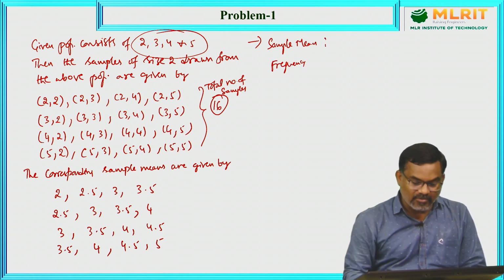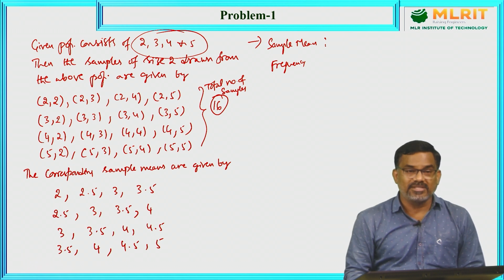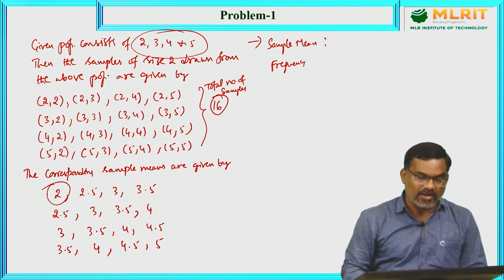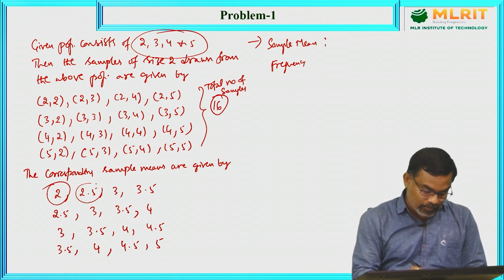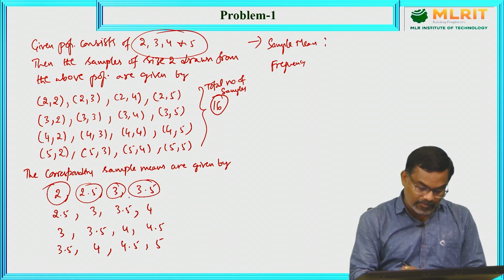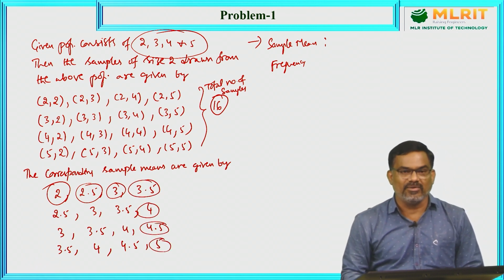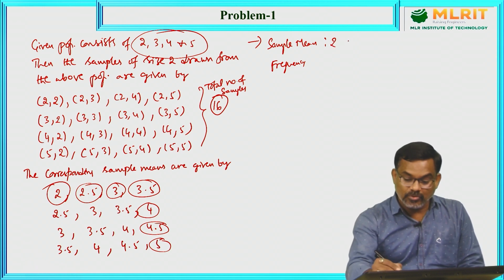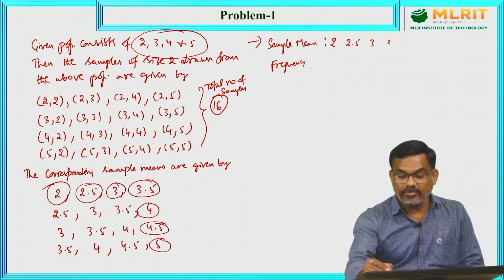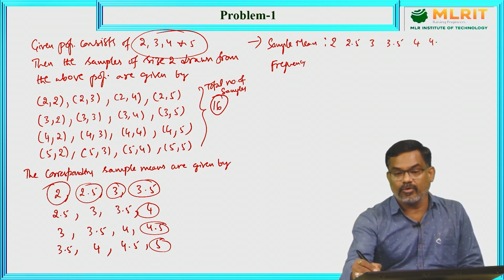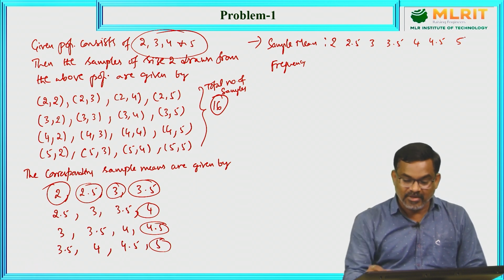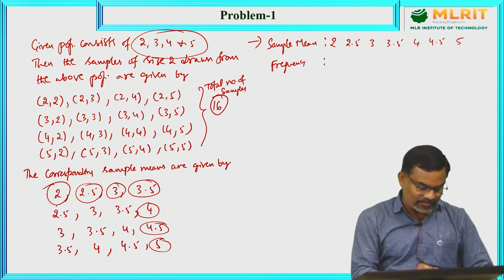For example, what are the possible values for this sample mean? 2 is one of those possible values, 2.5 is possible, 3, 3.5, 4, 4.5, 5. These are the different values. And the mean 2, how many times is it repeated?